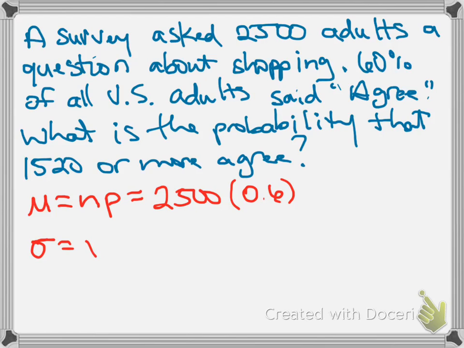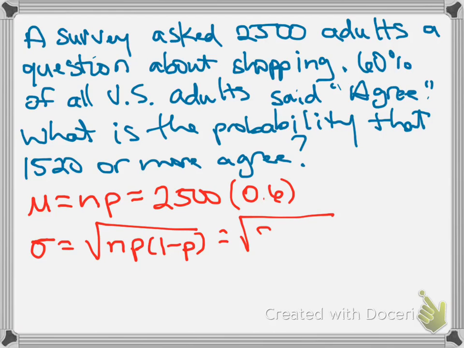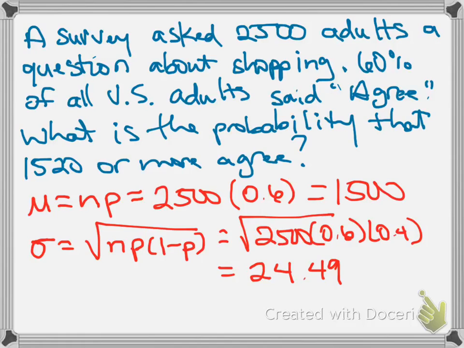And then the standard deviation is the square root of np times 1 minus p, which is the square root of 2,500 times 0.6 times 0.4. So it turns out that the mean for our binomial distribution is 1,500, and the standard deviation is 24.49.